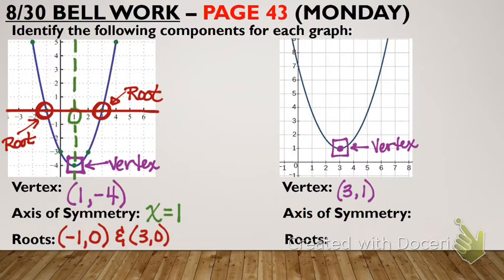Give me the whole equation. Yes, sir. X equals 3 is correct. Notice that axis of symmetry is always going to be x equals whatever the x part of this ordered pair is, every single time. So here's our axis of symmetry.